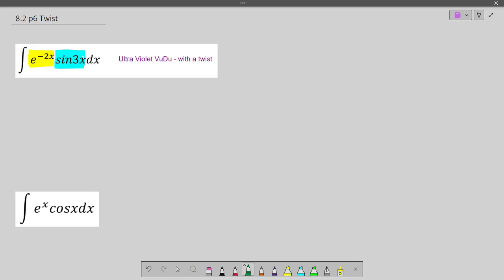So we're doing everything the same. It will not matter which one goes with the u, which one goes with the dv. If you are more comfortable differentiating trig functions than integrating trig functions, then put the trig function with the u. If it doesn't matter, then do whatever you feel like doing. So I'm just going to do it like that.